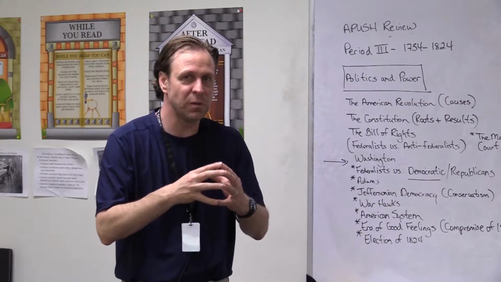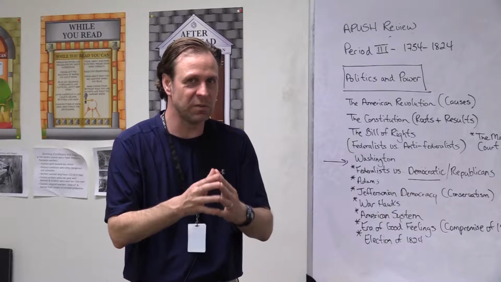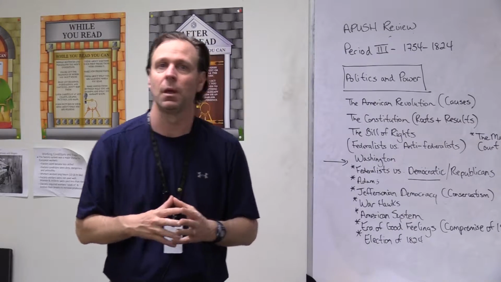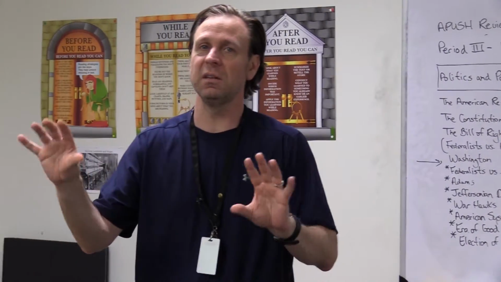The issue of assumption becomes the next major divisive issue that Washington has to deal with in 1792. Again, assuming the state debts coming out of the Revolutionary War was quite controversial. Why? Because states where the Revolution was fought tended to have more debt than states where it had not been fought at all.